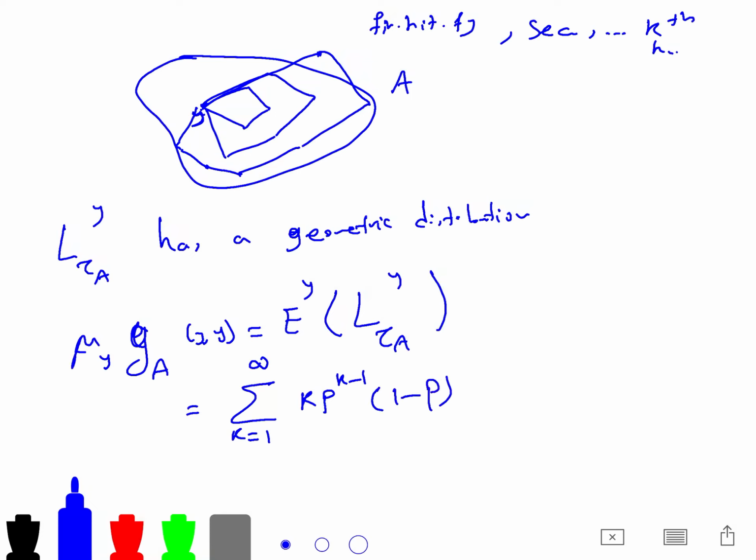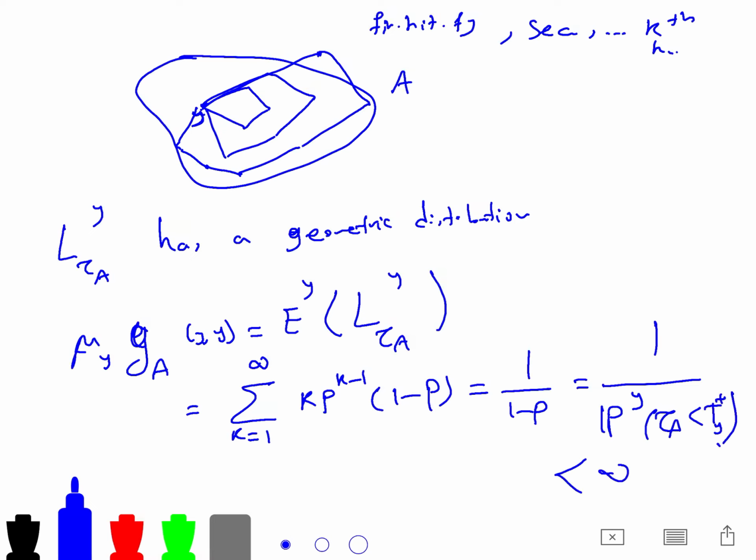This is the way you think about the geometric distribution. Even on Wikipedia you will see that it's just the inverse of your probability, so you don't need to write this. And the probability that tau_A is less than T_y^+ is less than infinity, and we have proved it.